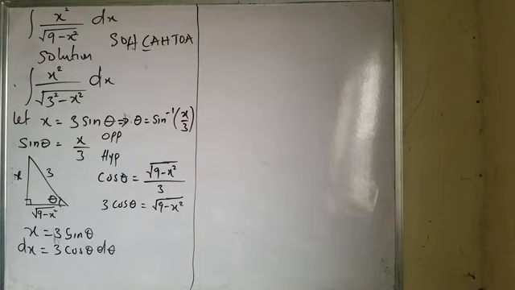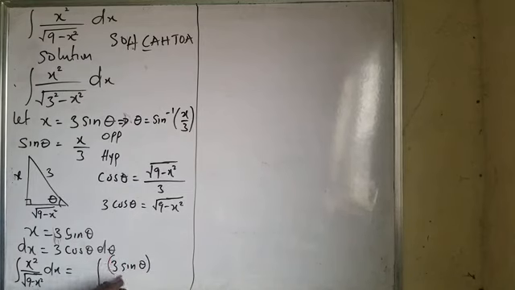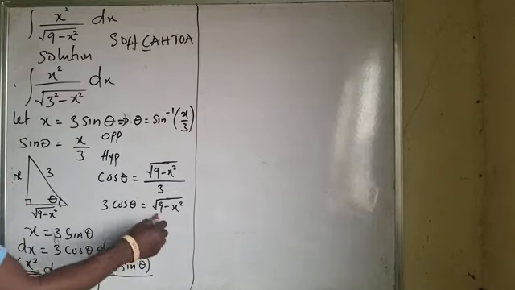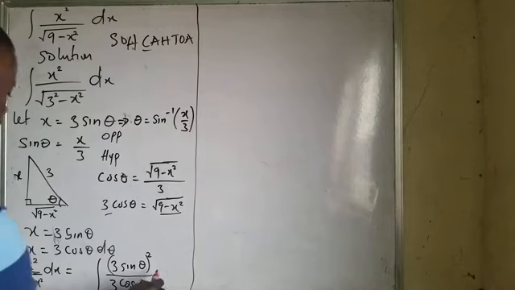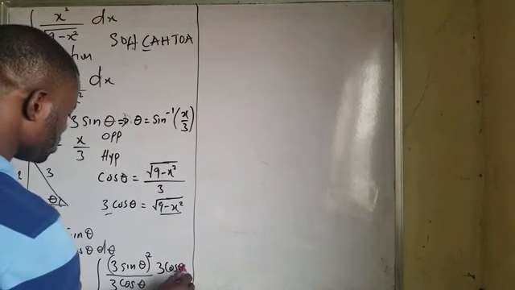Now, since you understand, I can come back here and say the integral of x squared divided by the root of 9 minus x squared dx will be equal to, substituting everything I have here, the integral of (3 sine theta) squared divided by 3 cos theta, and dx is equal to 3 cos theta d theta.